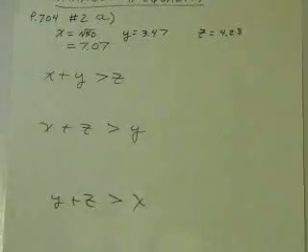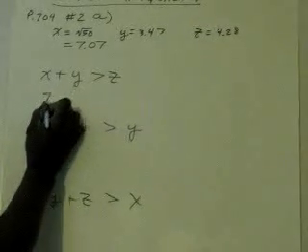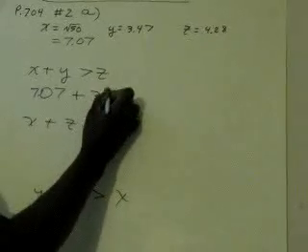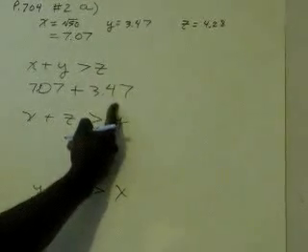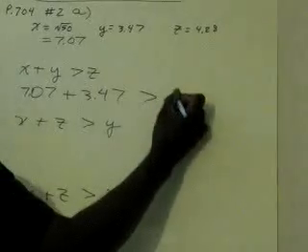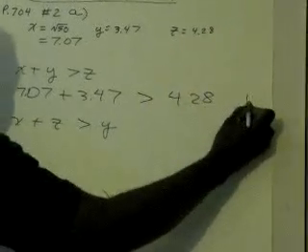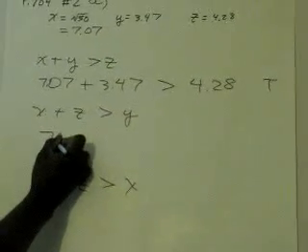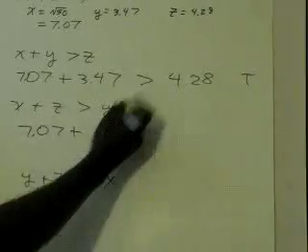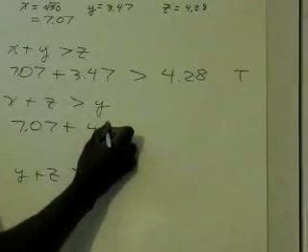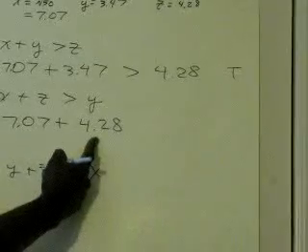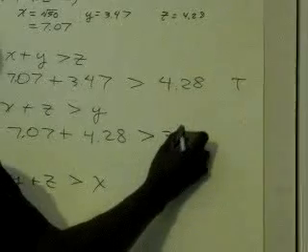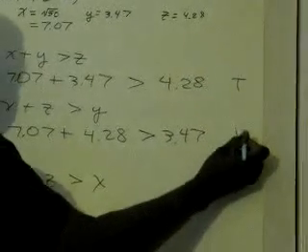Well, let's see if that is the case. 7.07 plus 3.47, well, that's more than 10, so that's obviously more than 4.28, so that one's true. 7.07 plus 4.28, and that's obviously more than 11, that's more than 3.47, and that's true.